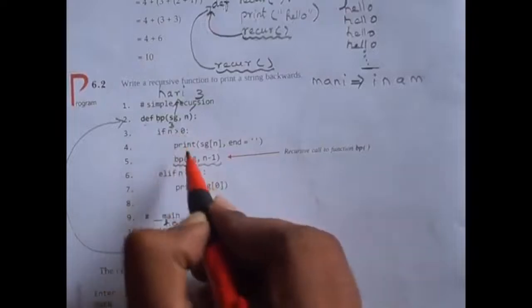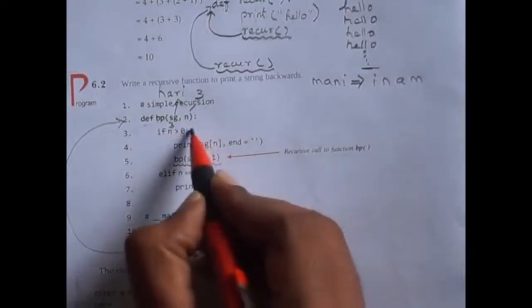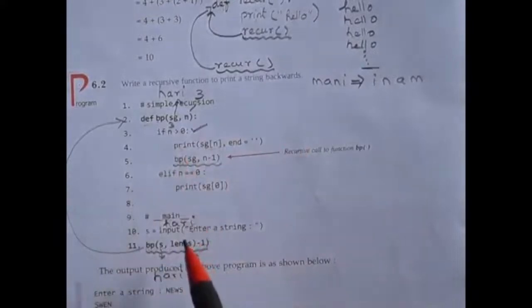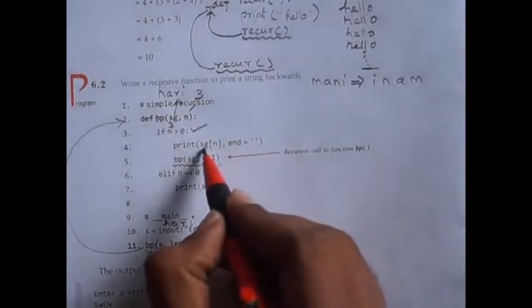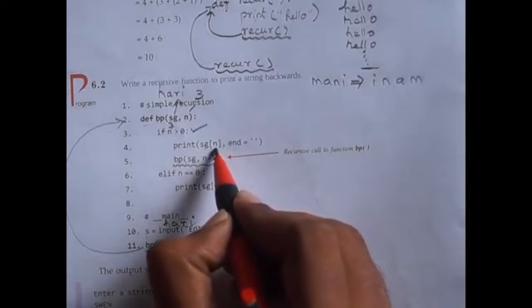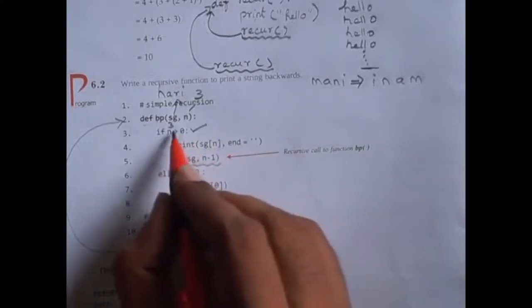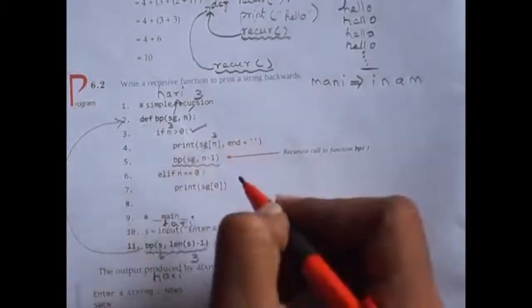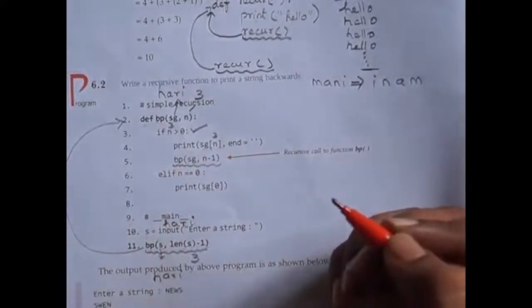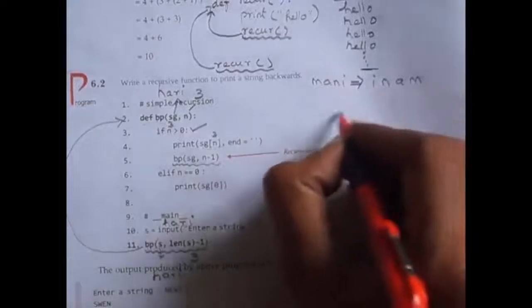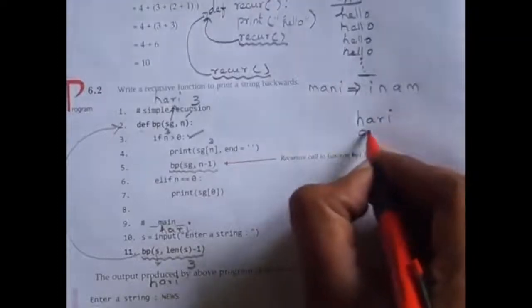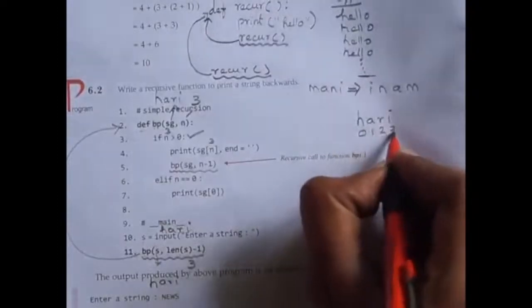3 is greater than 0. Of course the condition is true. True means these two lines will be executed. So SG of N; what is the N value? It is 3. What is SG array of 3? Listen. HARI, 0, 1, 2, 3.